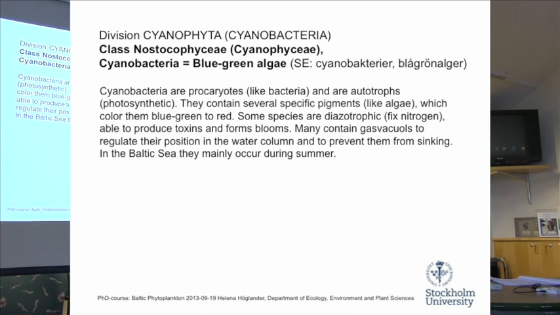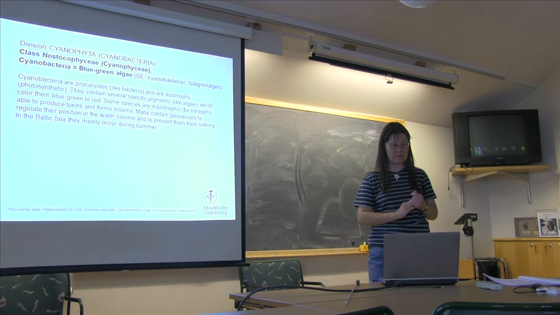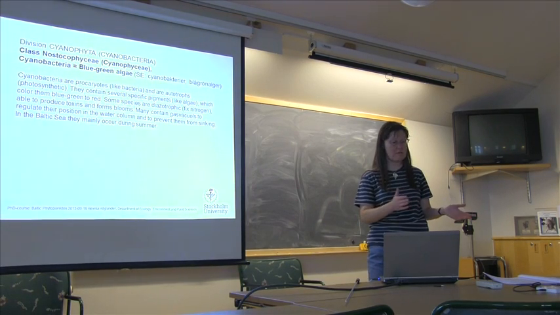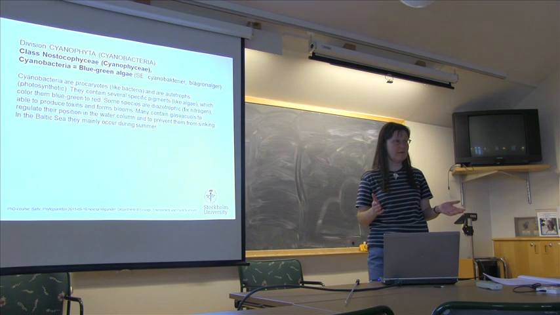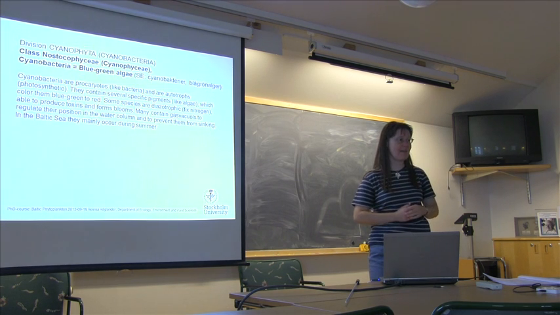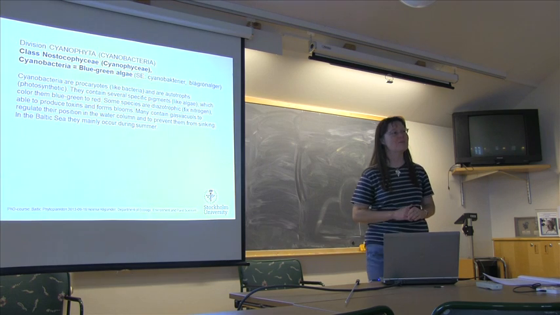But there are a lot of autotrophic cyanobacterial species in the Baltic, and they contain a lot of pigments like the algae, and they can have colors from green to blue-green to red. When I went by train today from Stockholm, I saw, when we were crossing the bridges at Skanstull, that the water is green.